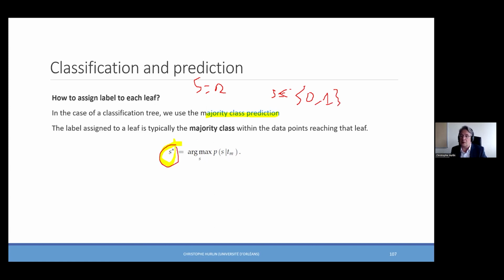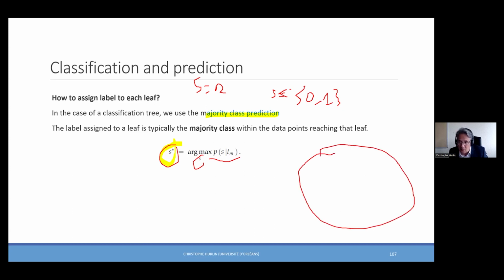The modality that you forecast in a given leaf simply corresponds to the modality that maximizes the probability to observe a given value of y in this leaf. So what does it mean?